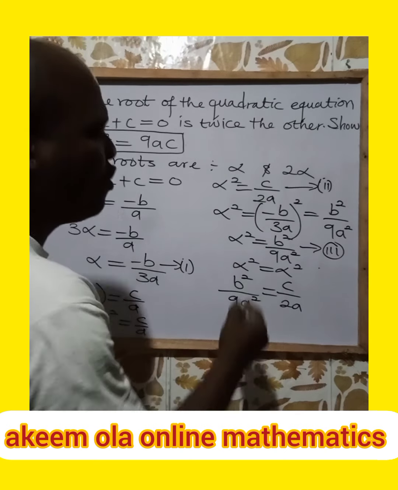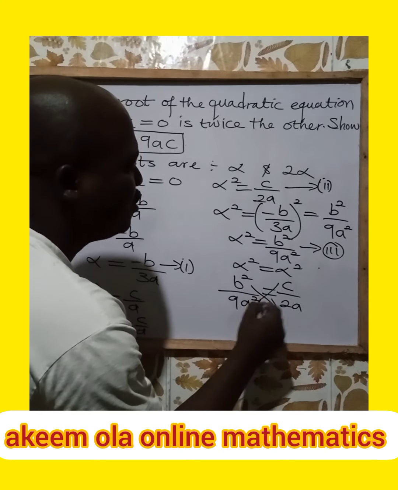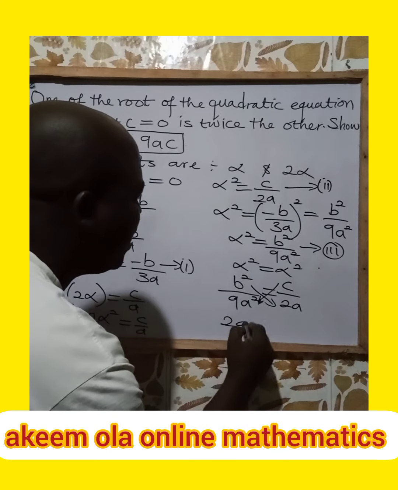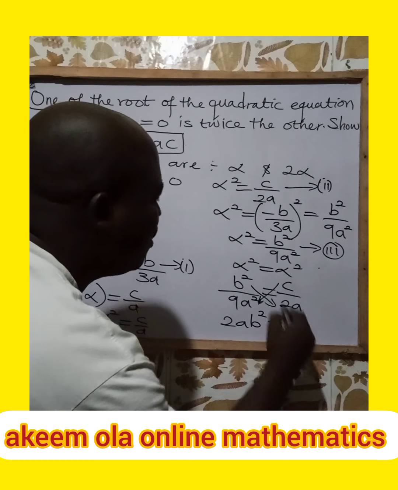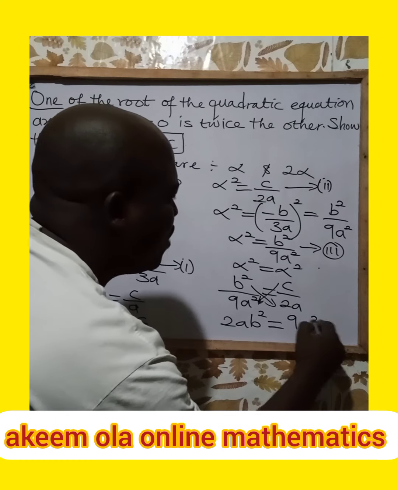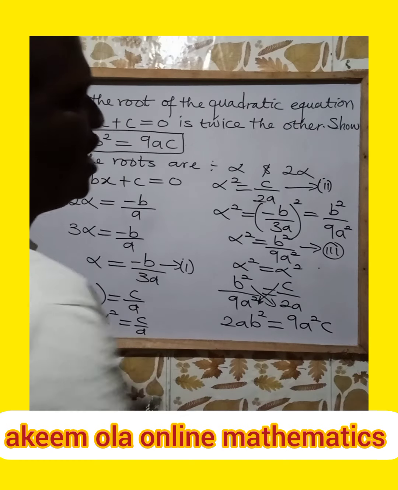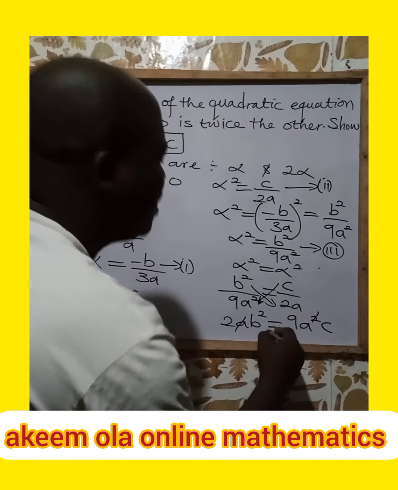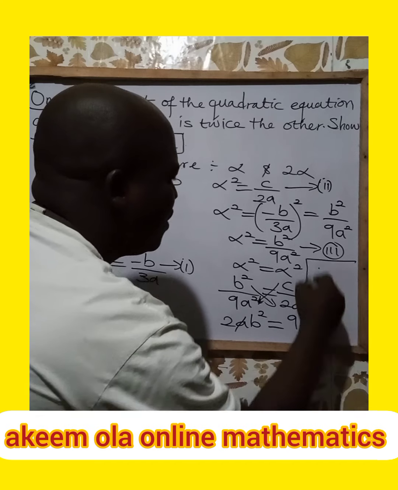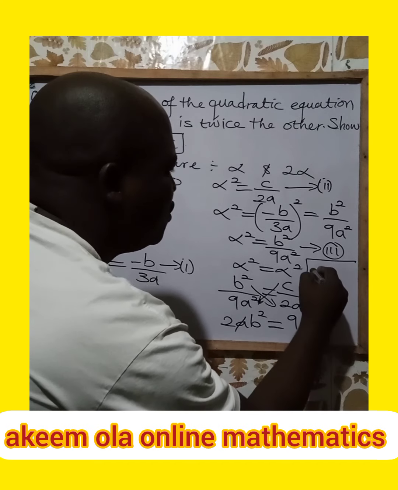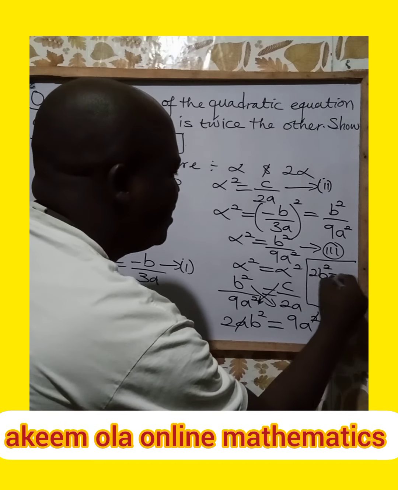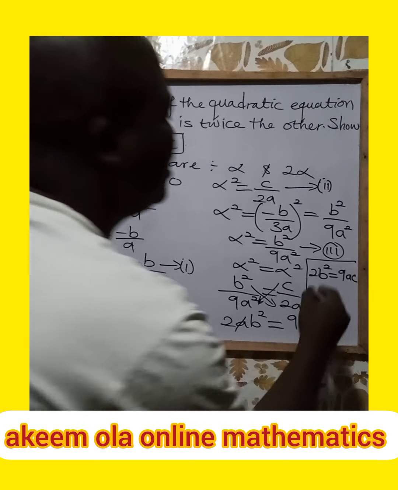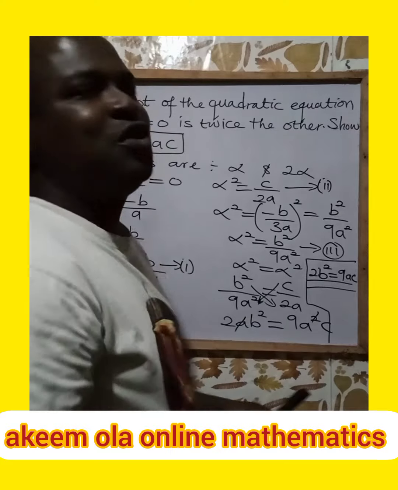That means I can now cross multiply. If you cross multiply, we are going to have 2ab squared is equal to 9a squared c. Going with this, a is on both sides, so the a will cancel one of the a's. That means I will now have 2b squared is equal to 9ac. And that is what we are asked to prove.